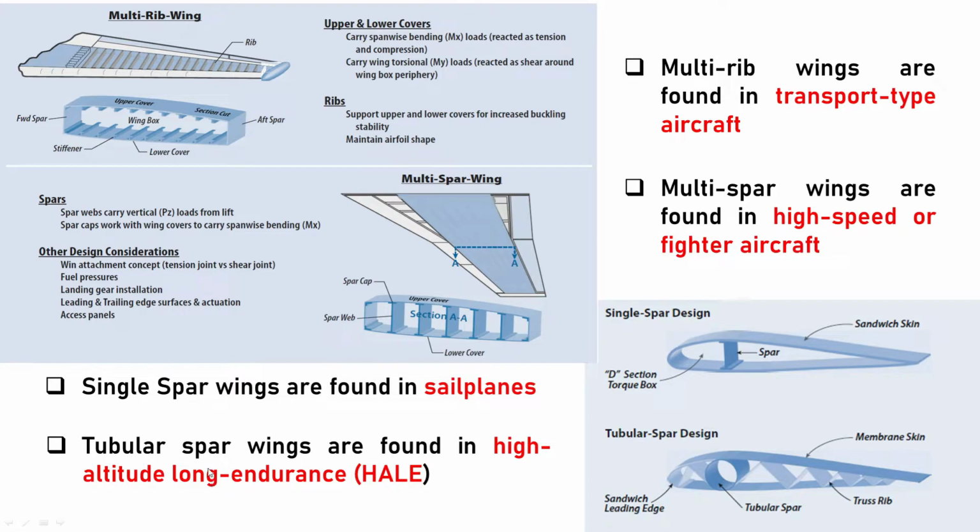Now there are some UAVs, high altitude long endurance aircraft, which use a typical type of profile, the tubular spar wing. So these are the basic layouts. You can take a screenshot or note down this important configuration.